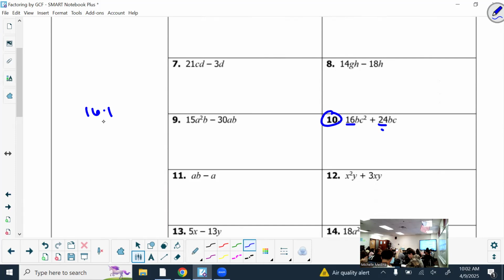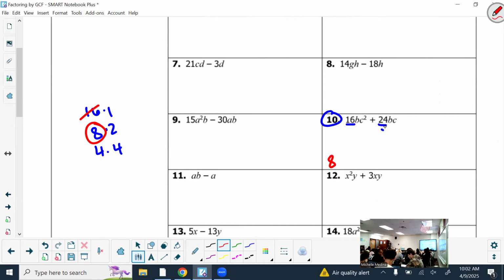Here are all the factors of 16. Again, we ruled this one out already. Is 8 divisible into both 16 and 24? Yes, so that's my GCF. 4 is also divisible, but it's not the greatest. 2 is also divisible, but again, not the greatest. So that's why we start from the greatest down.